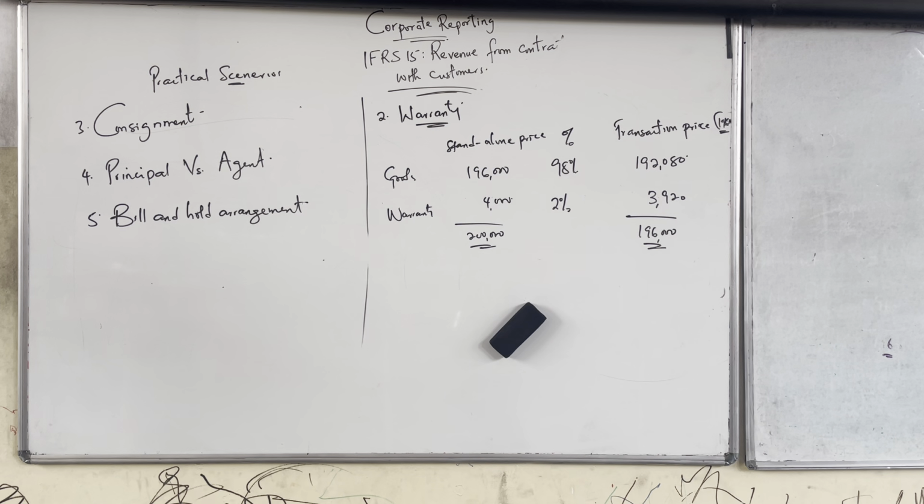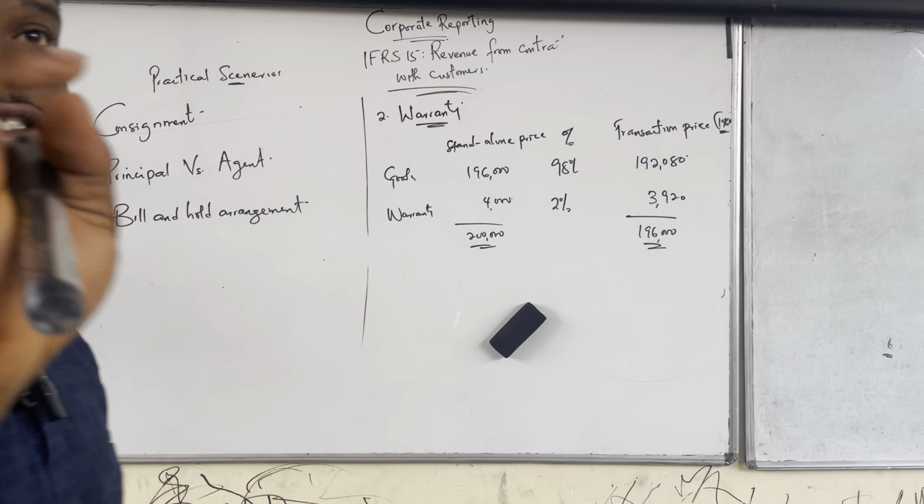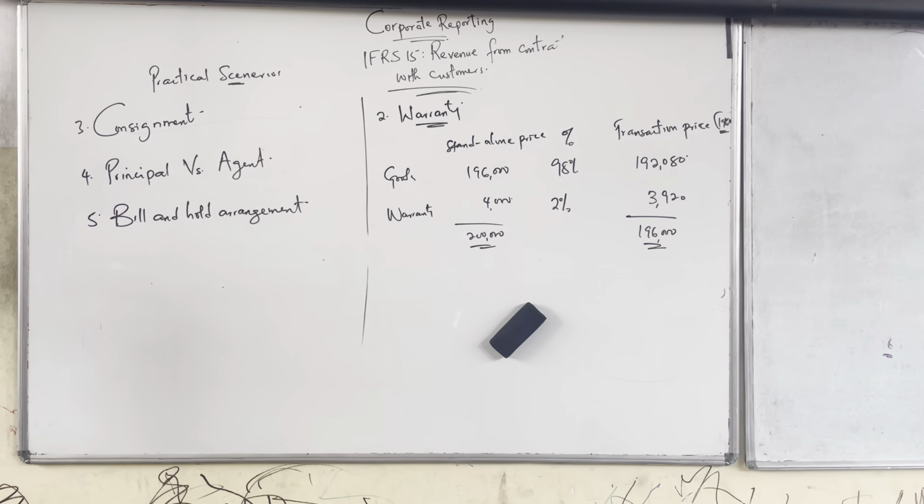If I'm not charging you because you're my customer, you as an accountant have to recognize revenue for that custodial service. If they are not charging money, you need to allocate transaction price to it.